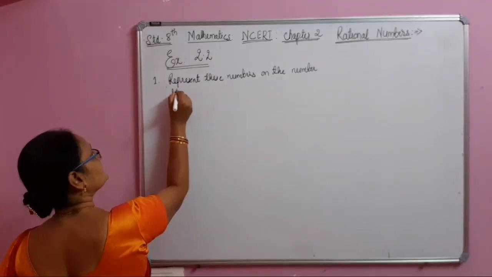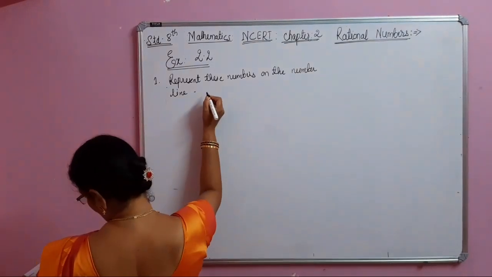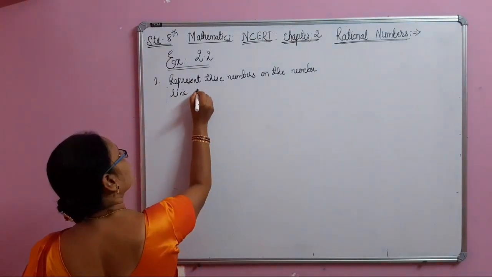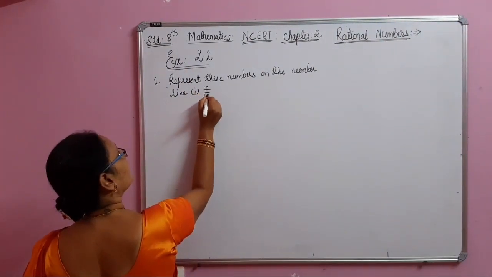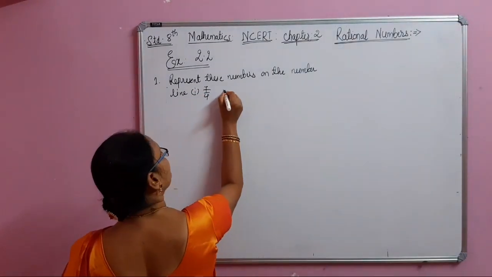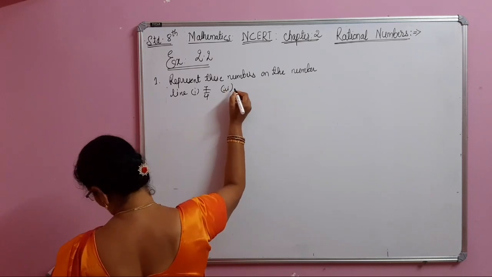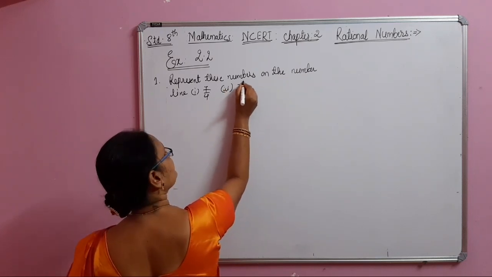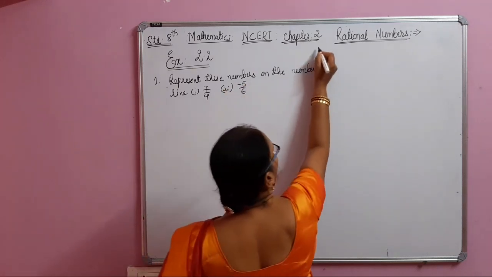Which are those numbers? First one is 7 by 4. Then the second one is minus 5 by 6. Okay, this is the first problem.